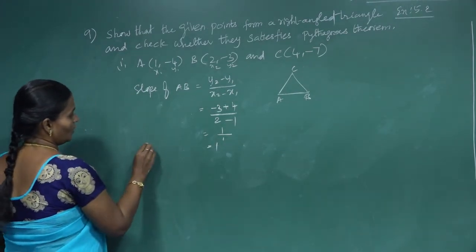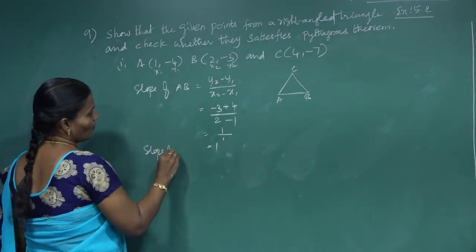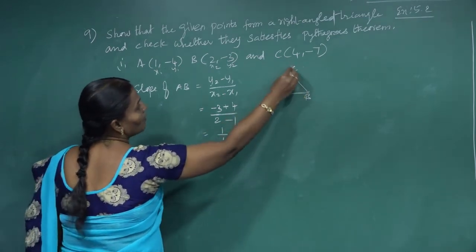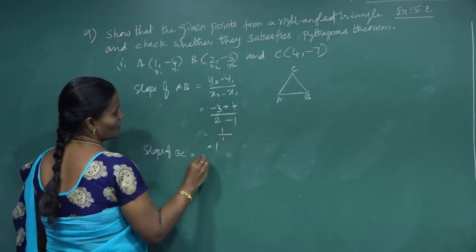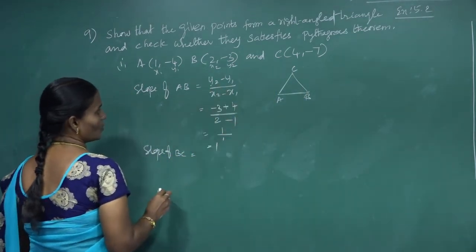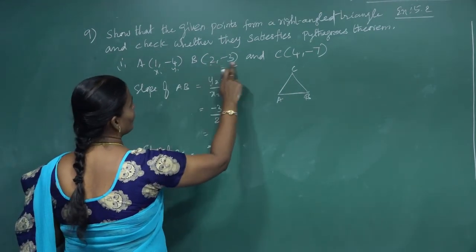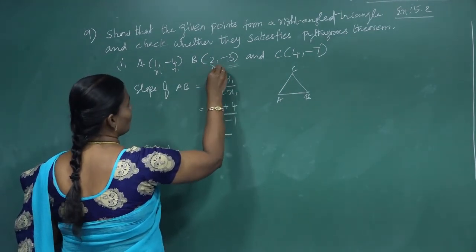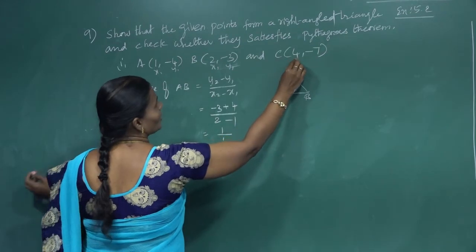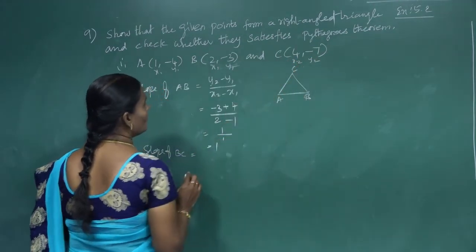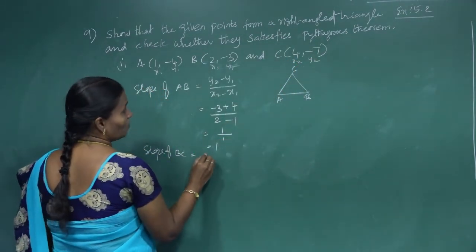So this is equal to 1. Now see the slope of BC. Slope of BC is equal to the same formula. Here also we apply: we take B as x1, y1 and C as x2, y2. Now what is y2?